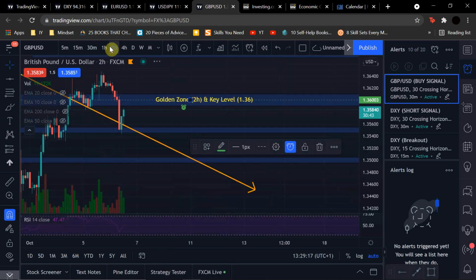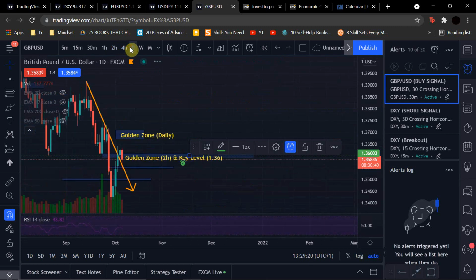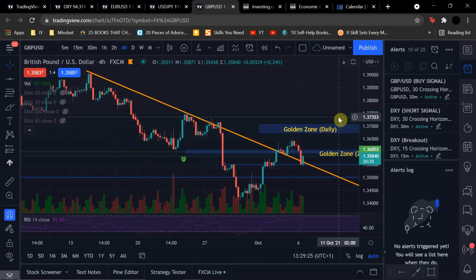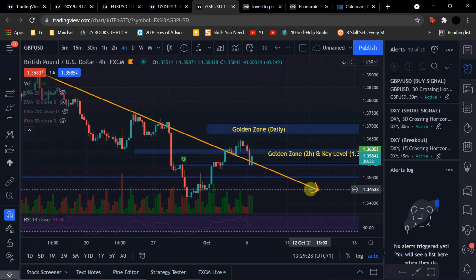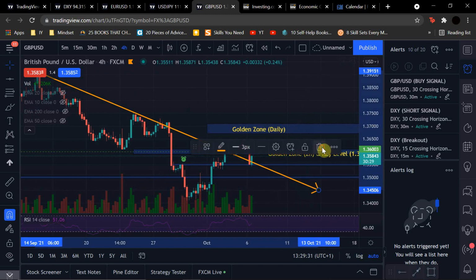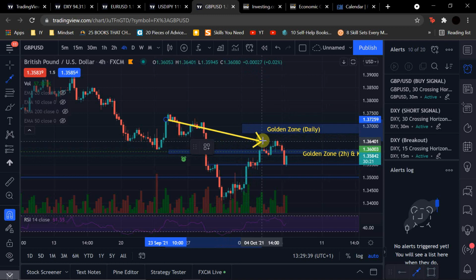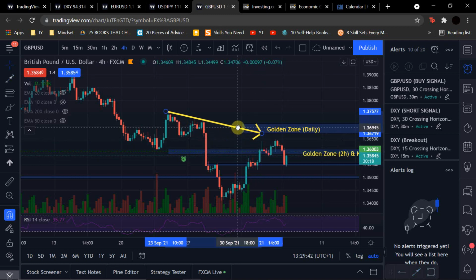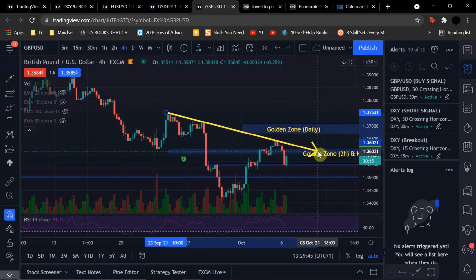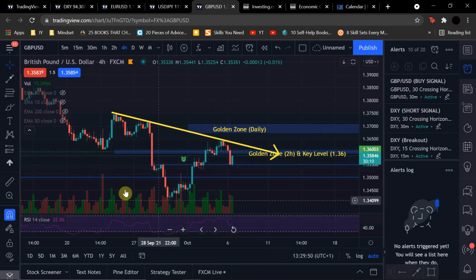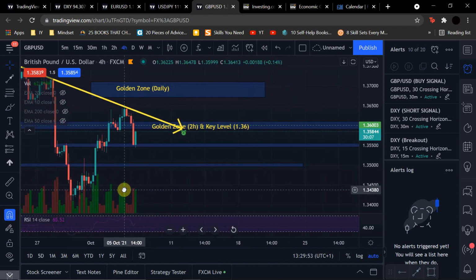Too many stocks. Yeah. I'm going to trust these zones I've got going on here. Maybe we could have this going on.